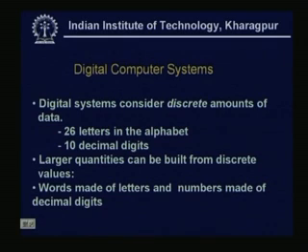These are discrete non-numerical letters. Then with the 10 decimal digits, if I take a huge number, say 9563210, each decimal digit is a discrete number.